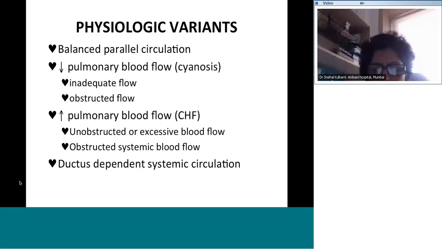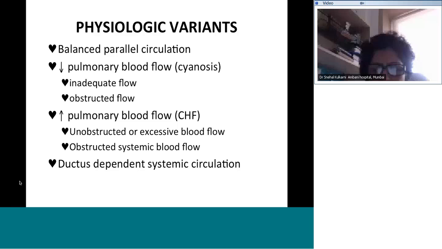In that situation also, when you have hypoplastic left heart syndrome, on one side your systemic blood flow is obstructed, on the other side you have an excessive pulmonary blood flow. And the last one is a ductus dependent systemic circulation. Again, a classic example is hypoplastic left heart syndrome.